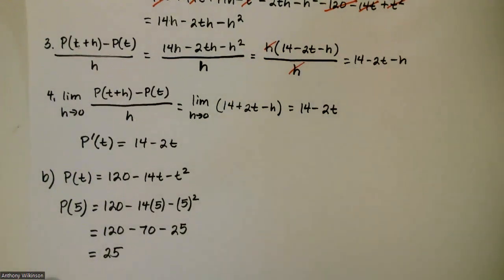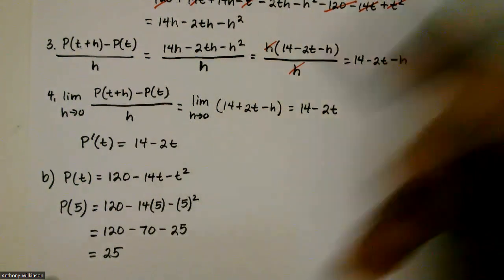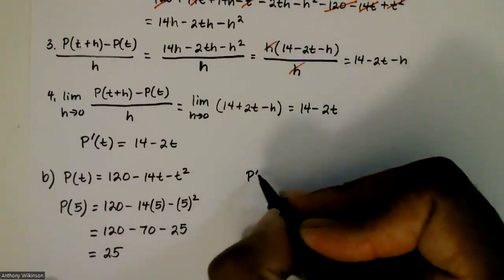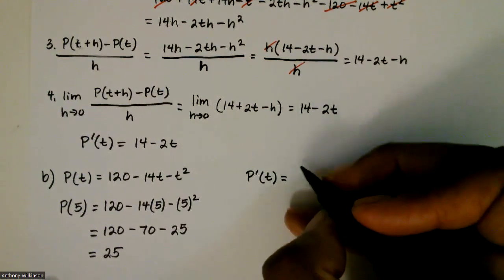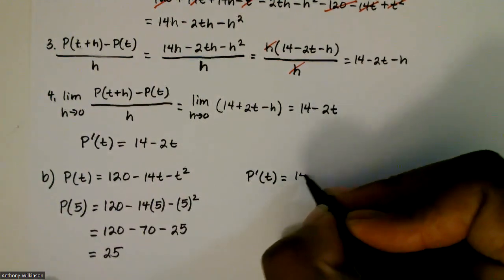So pretty much to answer that question there, the ozone level in parts per billion on a summer day after 5 hours would be 25 parts per billion. Now for the P prime of T, that's the average change in the ozone, that came out to be 14 minus 2T.